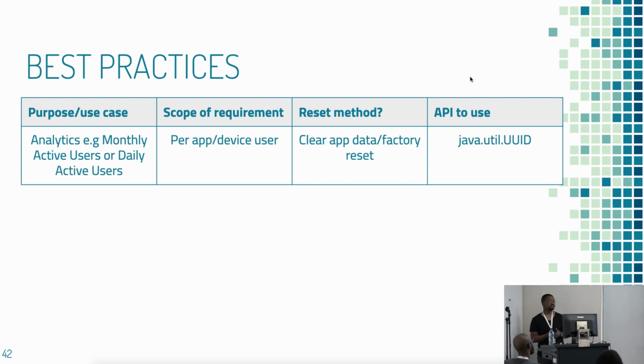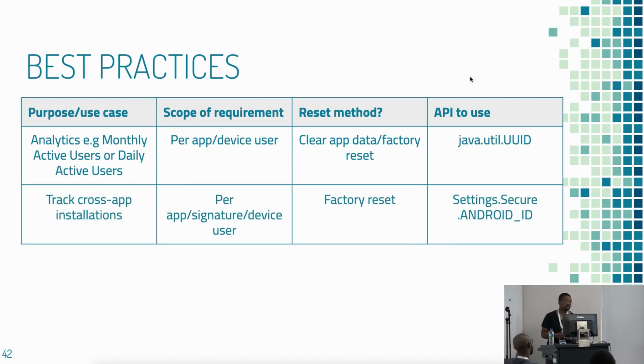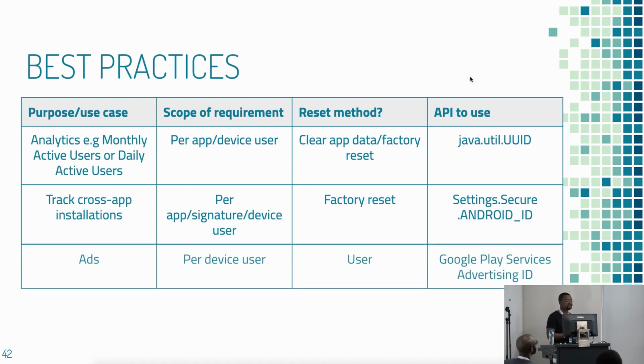And then the API to use there is java-util.uuid to get that information. Then if you want to track cross-app installations, per app, per signature, per device user, and the reset is a factory reset, then settings.secure.android ID is the way to go. And then if you want to use ads, per device user, the reset method is the user action. Then Google Play Services advertising ID is the recommended way to get the identifier.